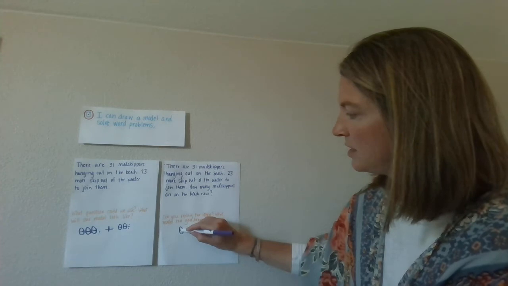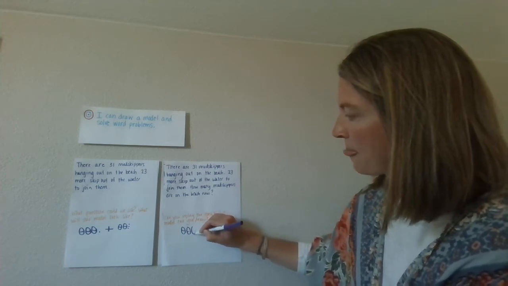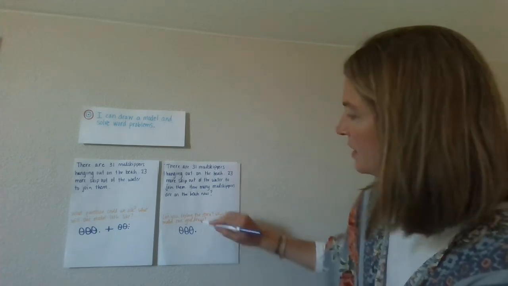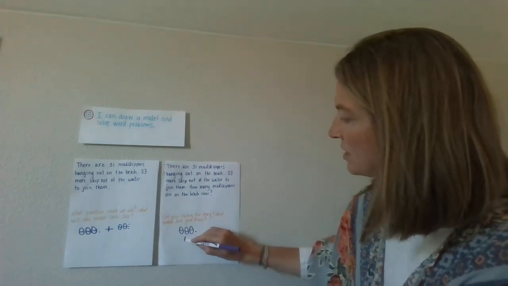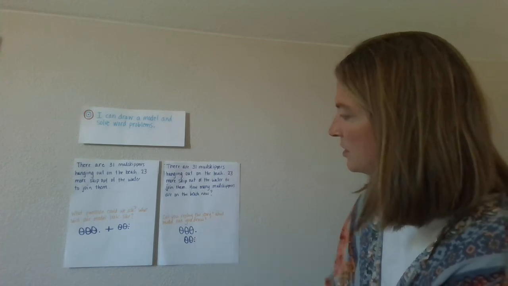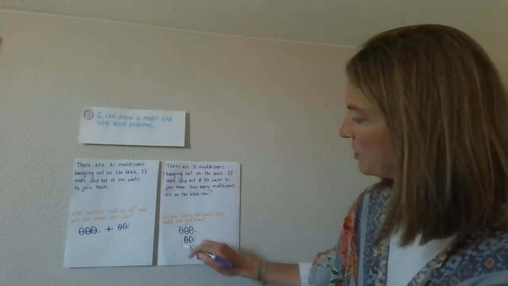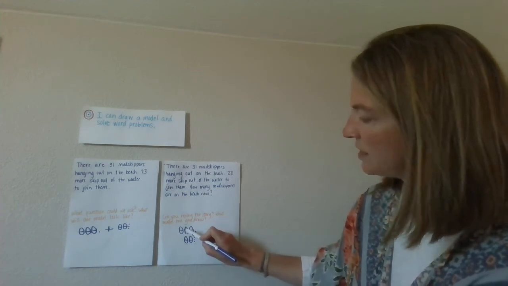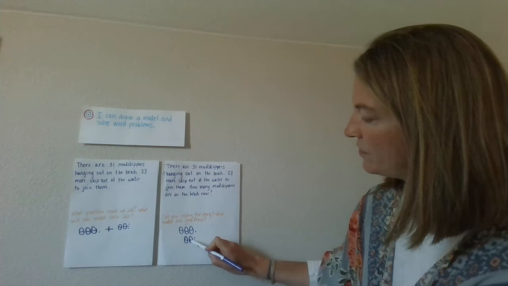I see in the number 31, there are 3 tens and 1 one. And I can put that with my 23 with 2 tens and 3 ones. And when I put this together, I can see together there are 5 tens, which is 50, 10, 20, 30, 40, 50.